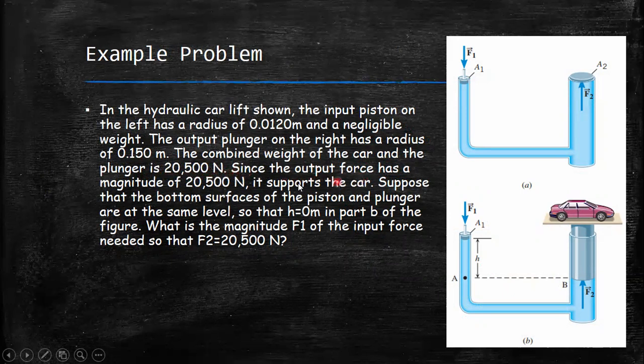Since the output force has a magnitude of 20,500 Newton, it supports the car. Suppose that the bottom surfaces of the piston and the plunger are at the same level, so that the height is equal to 0 meter in part B of the figure. What is the magnitude of the input force F1 needed so that the force F2, 20,500 Newton, is supported?